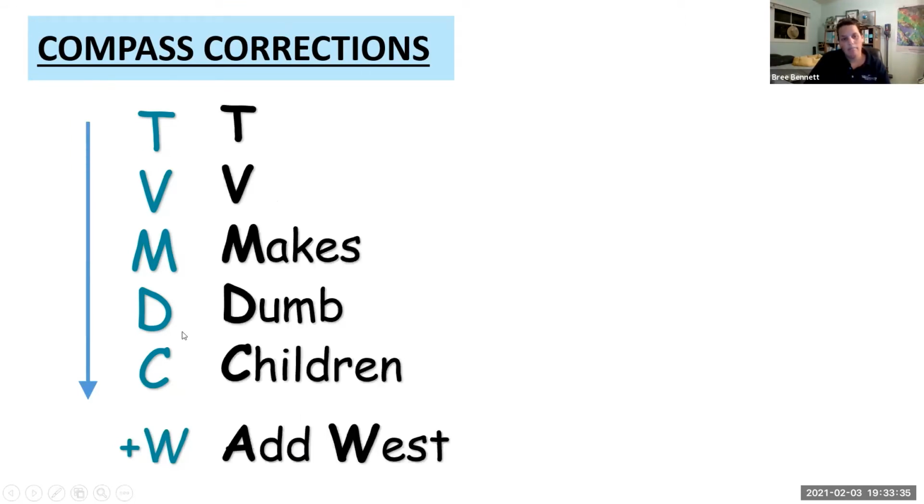So a very common poem here is, to remember, TV makes dumb children. All of these poems are not politically correct, and please forgive me. I did not make them up. If anybody knows of a good one, please share it with the class. Different things spark different memory aids for different people.